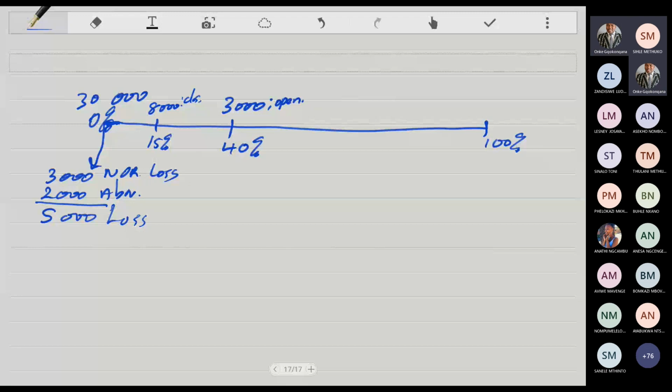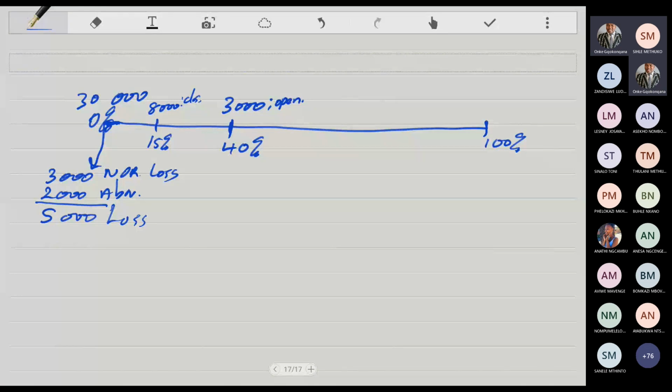So in this case, your closing work in process is going to take part in the share of the normal loss. But your opening units are from the previous production process, so they have already taken part in the share of the loss in the previous period. In this process, they are free from the loss because their starting point is 40%, not 0%.